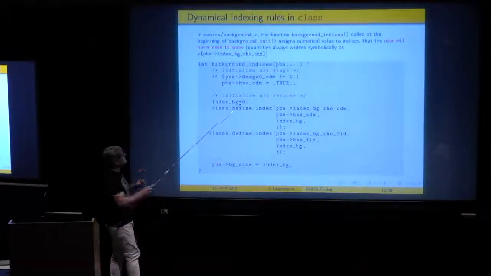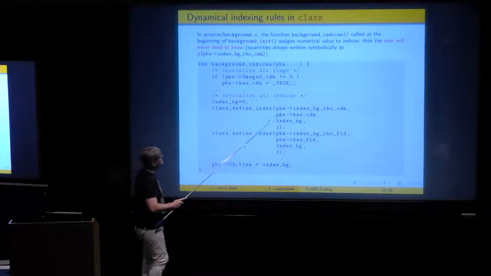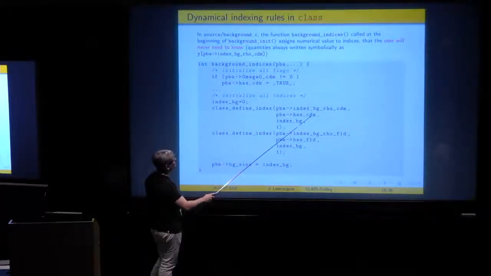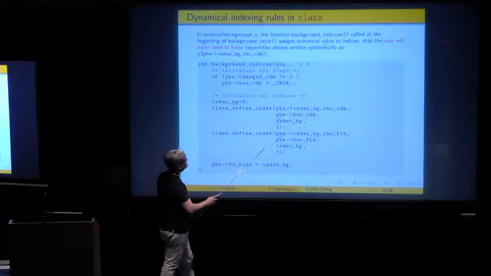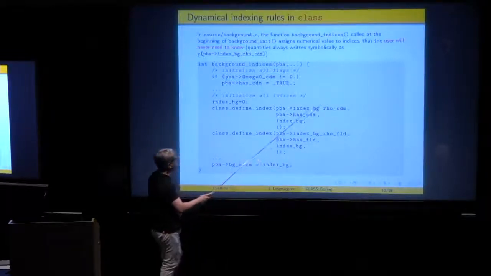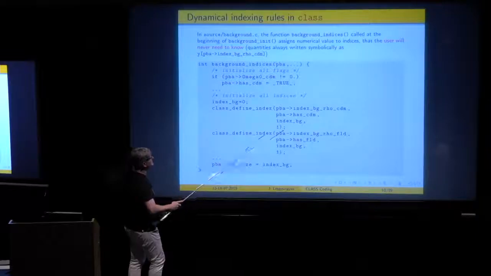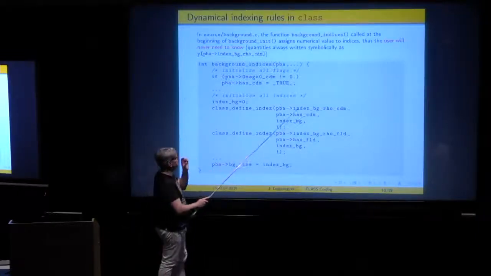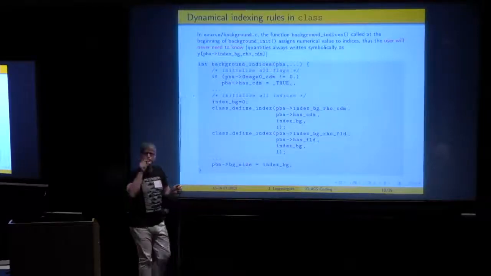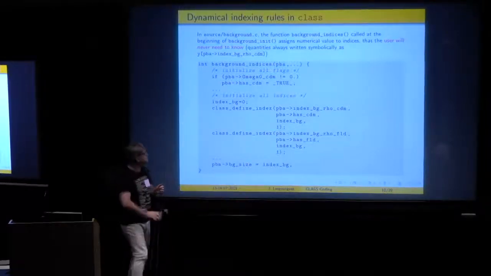I explain. When the code arrives here, if there is cold dark matter in your cosmology, this index will be assigned the value index_bg, which is still 0. Then when the function exits, index_bg is incremented by 1. We would have put a 2 here if we wanted this index to refer to 2 numbers in the vectors.